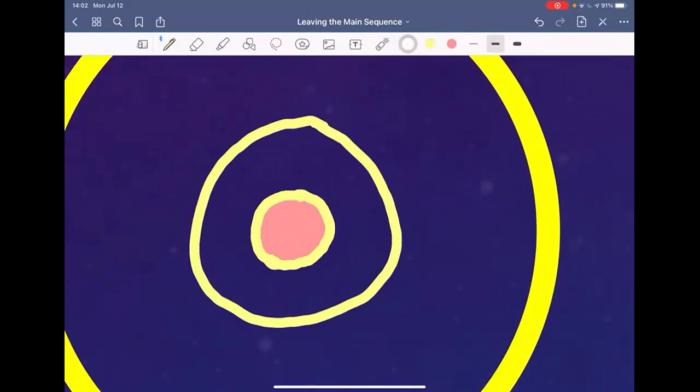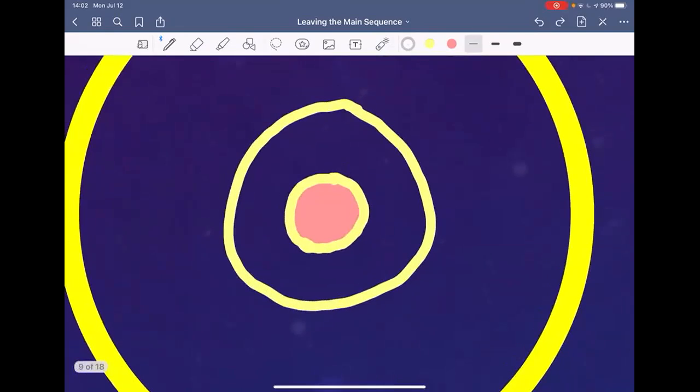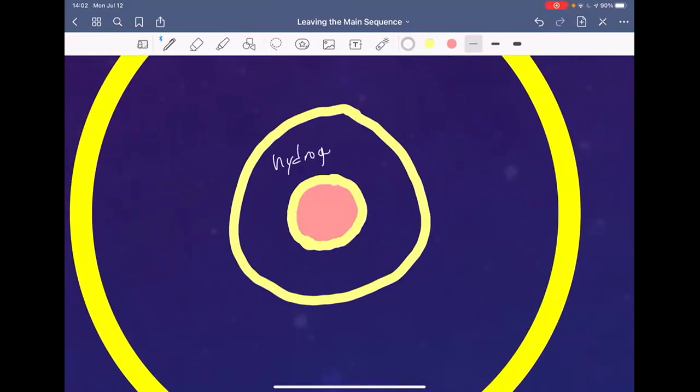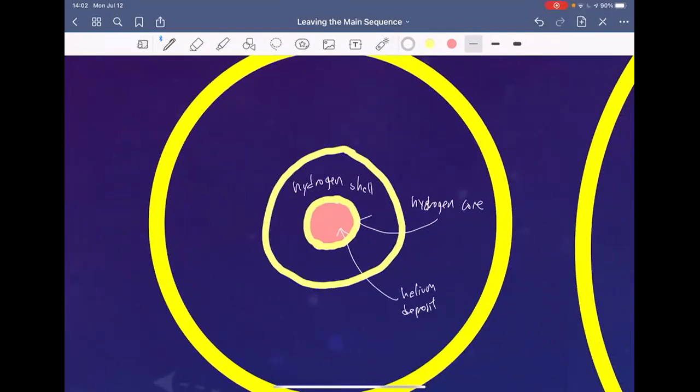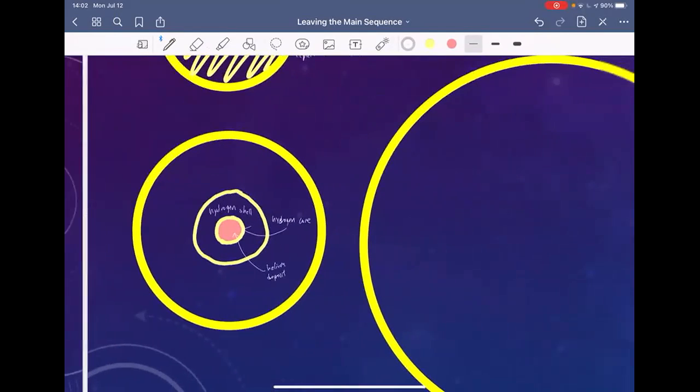It's also fusing. So this is our hydrogen core, and our helium deposit. Helium deposit, hydrogen core that's starting to run out of hydrogen, and then our hydrogen shell. That's why our star begins to get bigger.